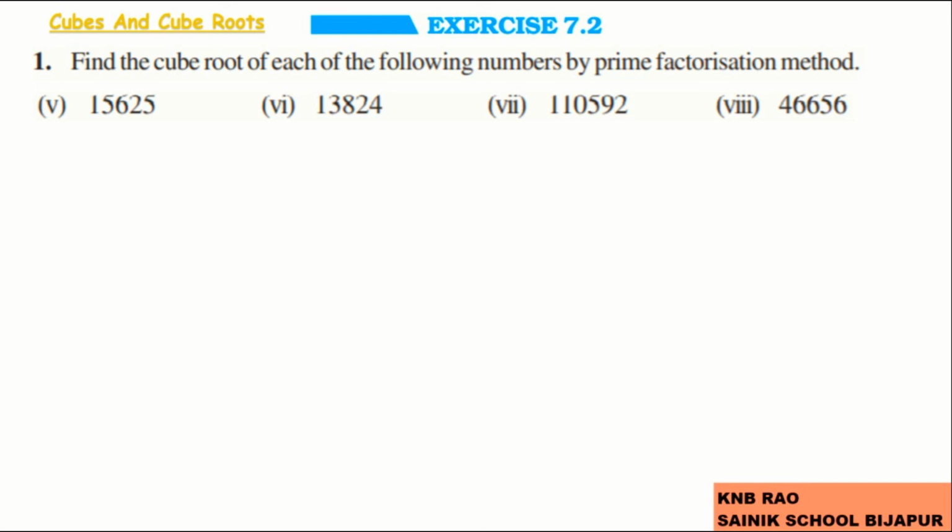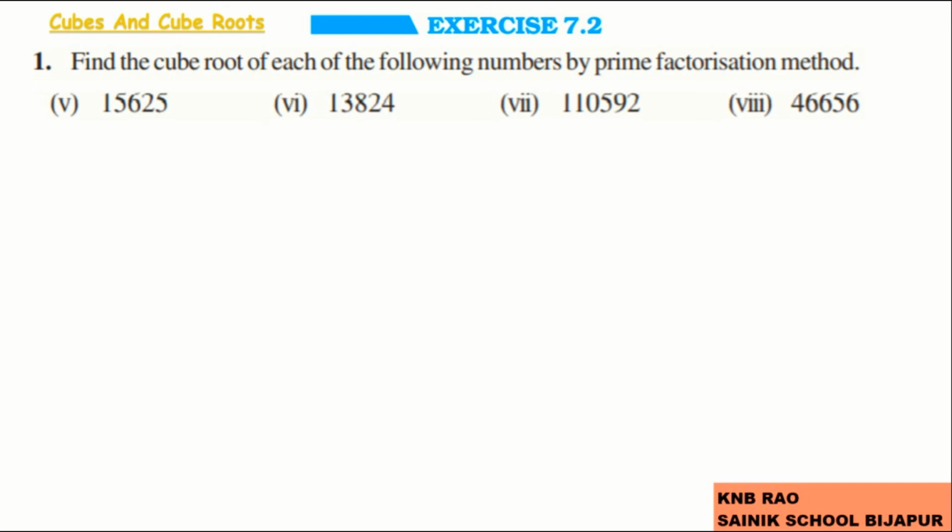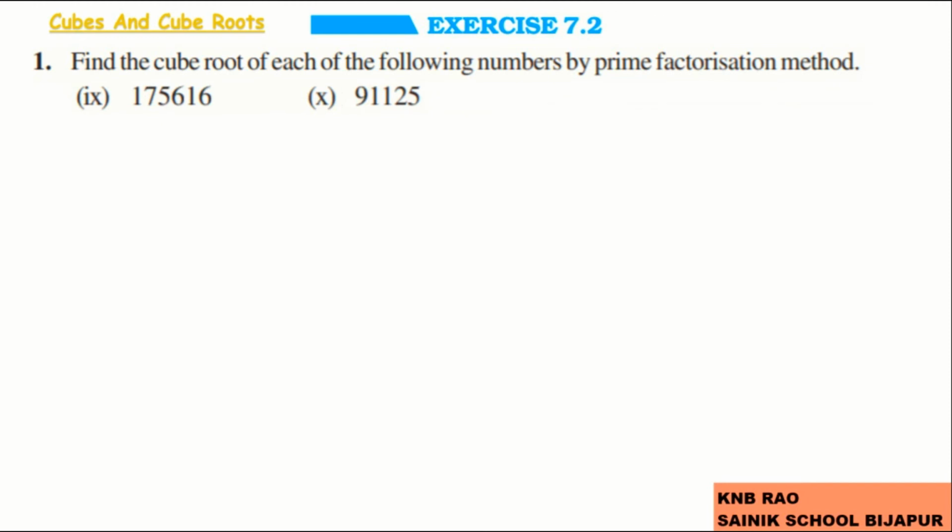Then after you note them down, I am giving you the 9th and 10th. Pause the screen, note down once again these two questions, 9th and 10th, and do them by the prime factorization method, finding the cube root of these, and this will be homework for you.